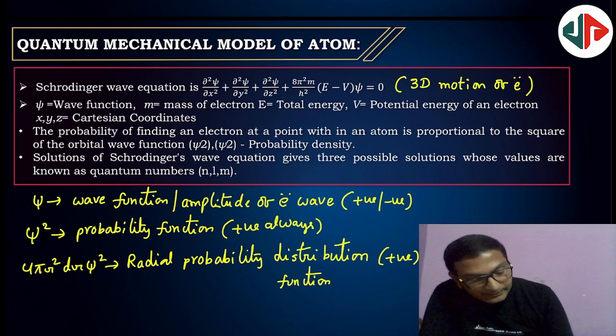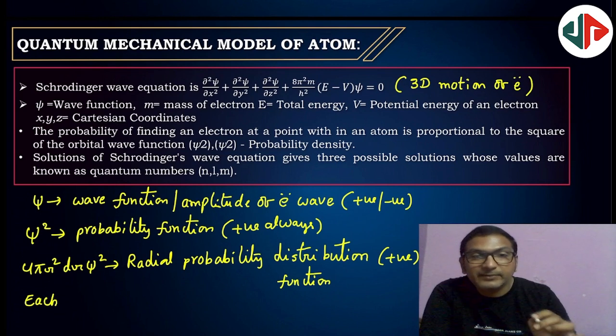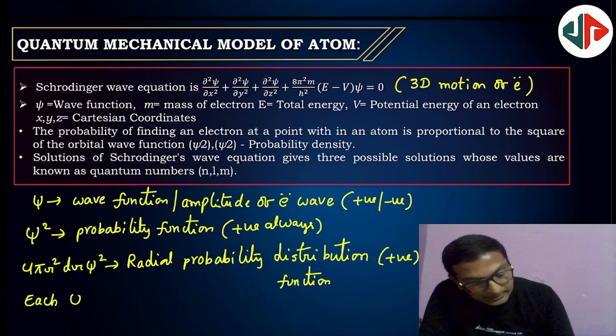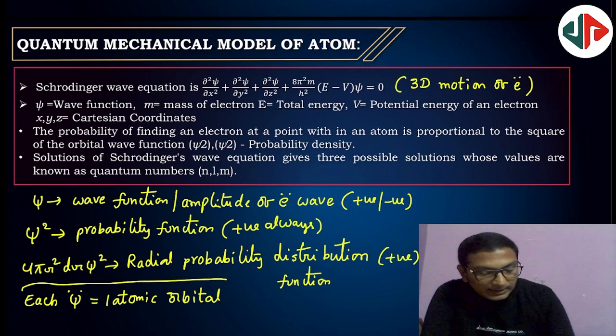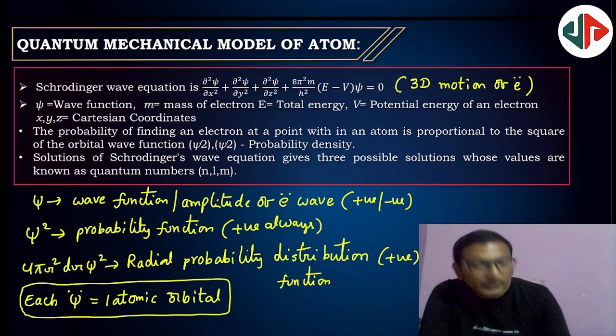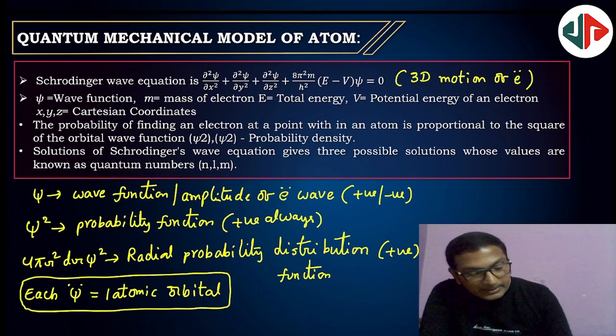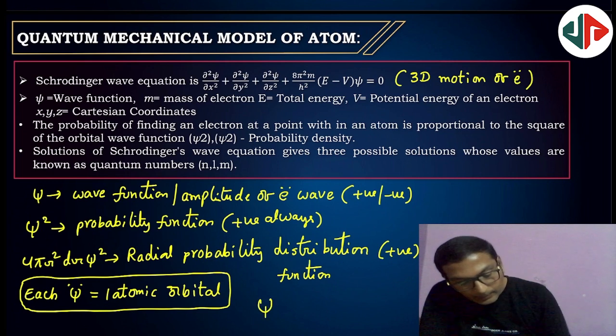Next, each psi value. By solving Schrodinger's wave equation, we get solutions for psi. Each psi value represents one atomic orbital. Therefore, psi value depends on three quantum numbers n, l and m.